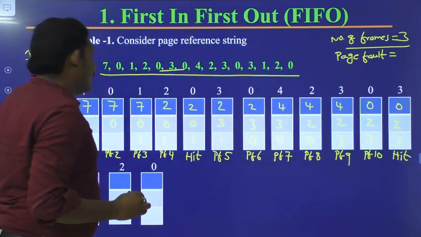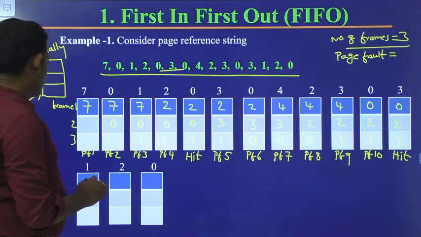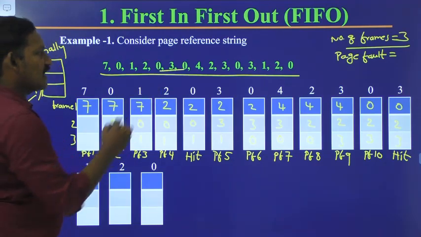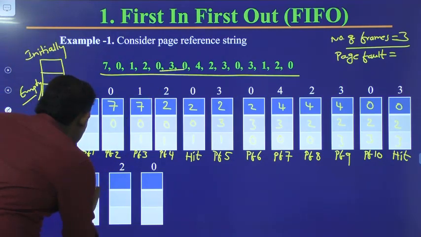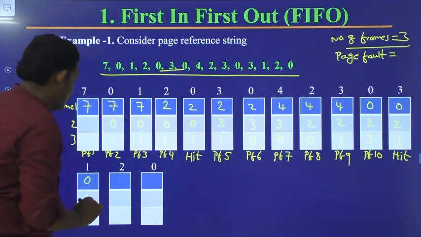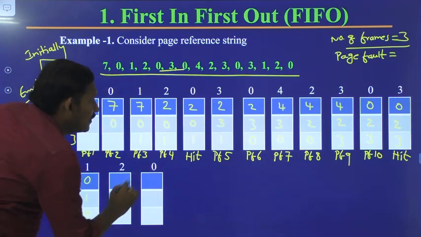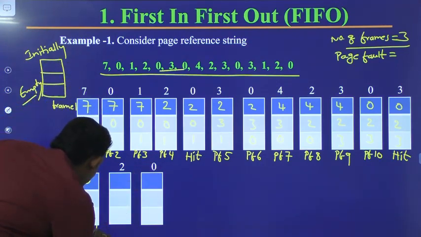Then next frame 2. We are searching for 1. 1 is not available, so 0, 1, 3. This is page fault 11.